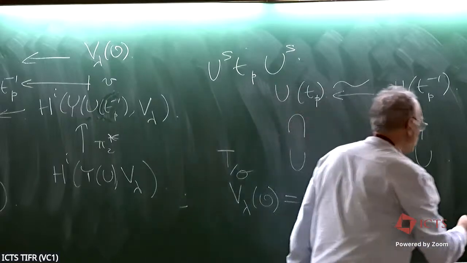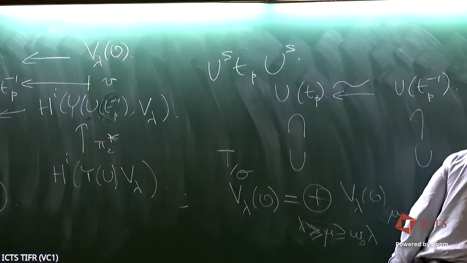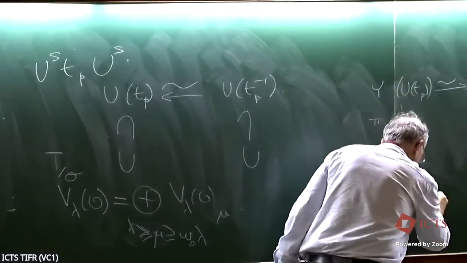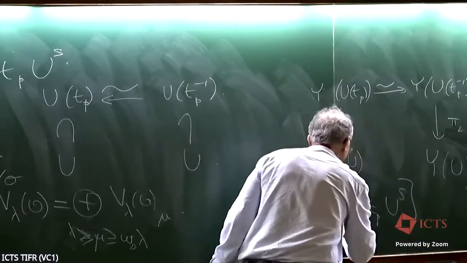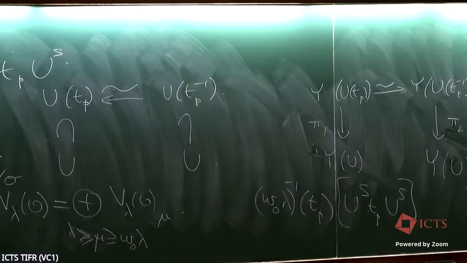This is how you modify the definition. You take (w_0 lambda)^{-1}(T_P) times the operator U, which I defined by the diagram. I put a bracket to explain that this composition is the action of the double class.